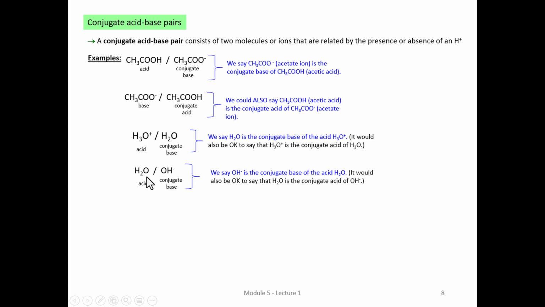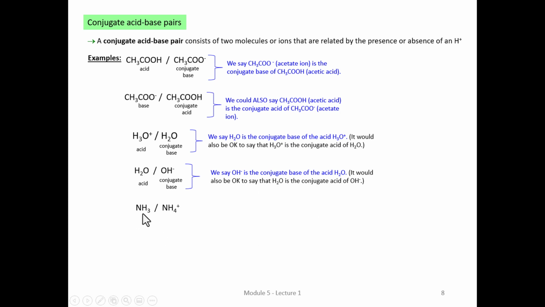It would also be okay to say that H2O is the conjugate acid of hydroxide. What I've done here is said that you could put the word conjugate on either side, but we've always consistently labeled the acid and the base when we're comparing two different species.